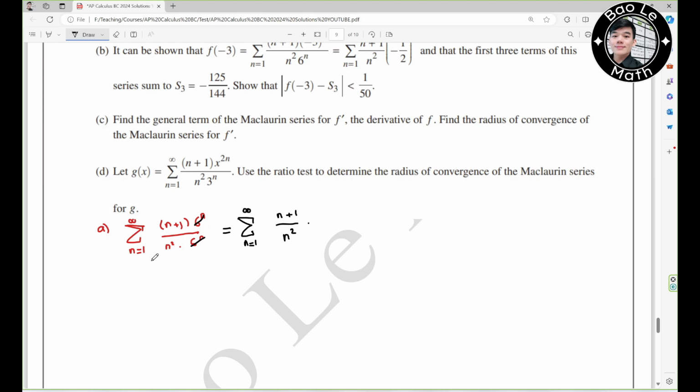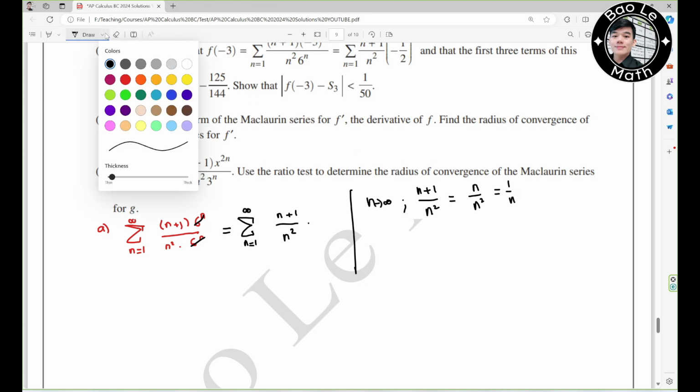Alright, so basically when n approaches infinity, you have n plus 1 over n squared. Alright, you see that n is much larger than 1, so you just ignore 1. So it's going to be n over n squared, it's going to be 1 over n.